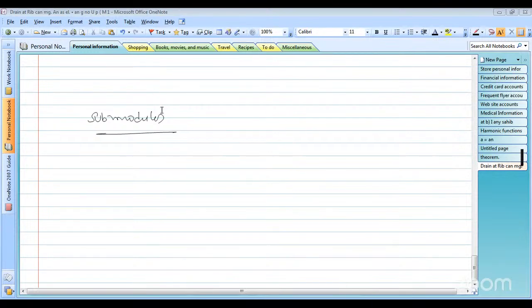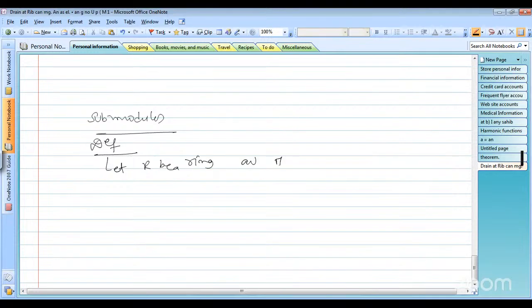So now submodules. For submodules, one definition. Let R be a ring and M another R-module.